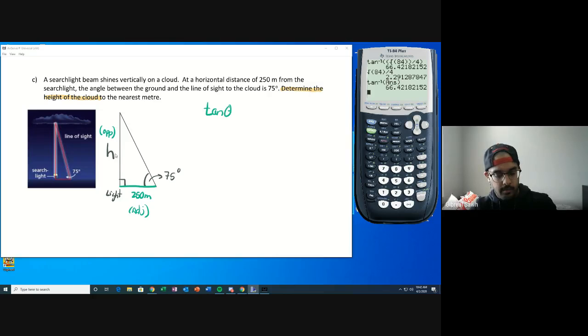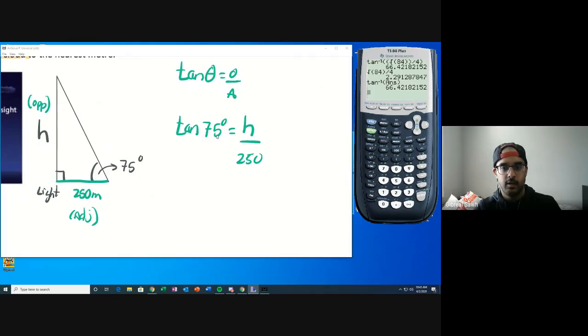So tan theta is opposite over adjacent. Fill in everything you know. So tangent of 75 degrees equals the opposite, which is our height, over adjacent, which is 250. I can't use the inverse here because, again, I know an angle. So tan 75 is just a number, nothing fancy about it. You can divide it by 1.